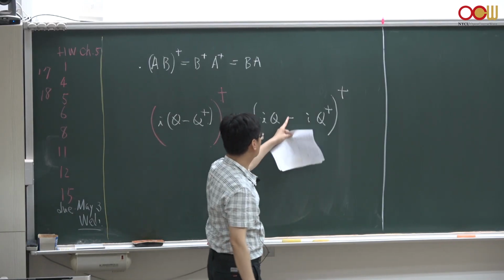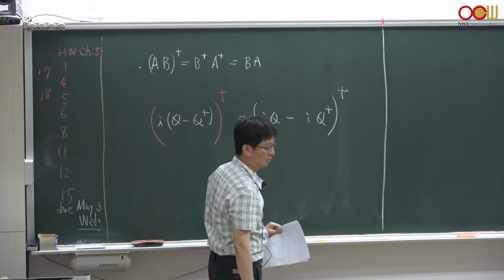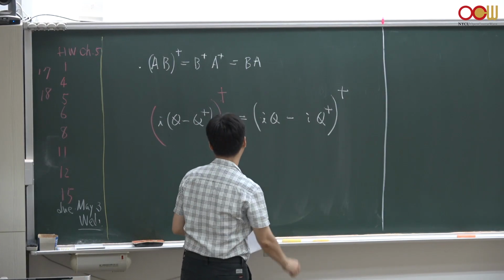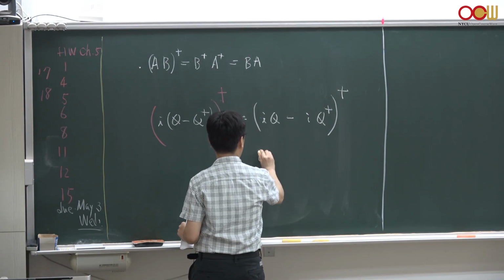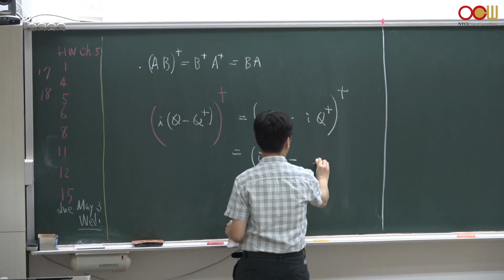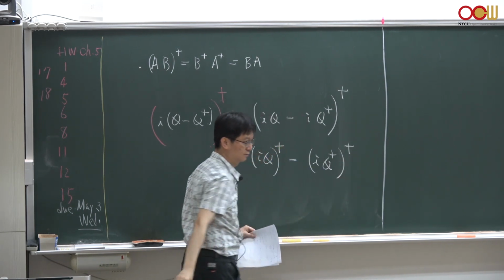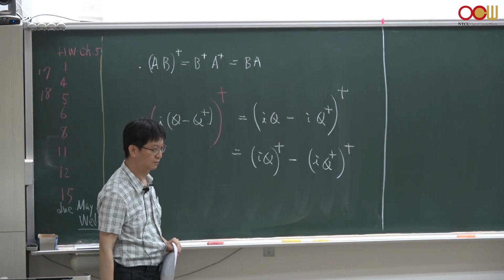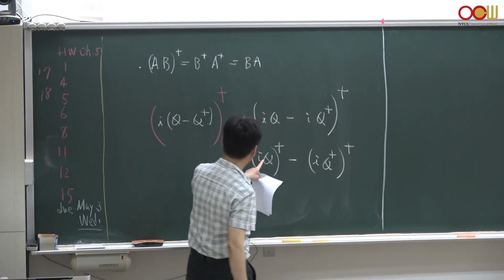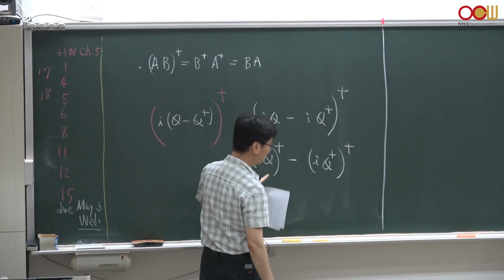Because this is just a plus-minus sign, I can simply separate this by the linear properties of these operators. So this is the same as iQ dagger minus iQ dagger. Agree? Okay.